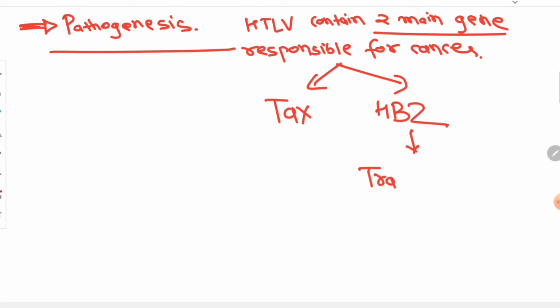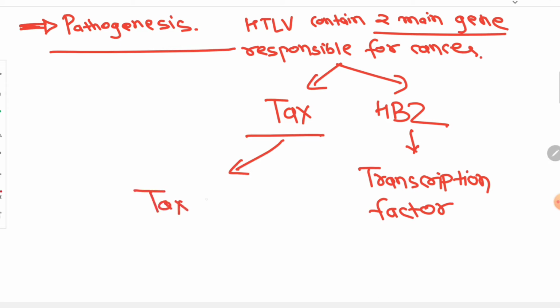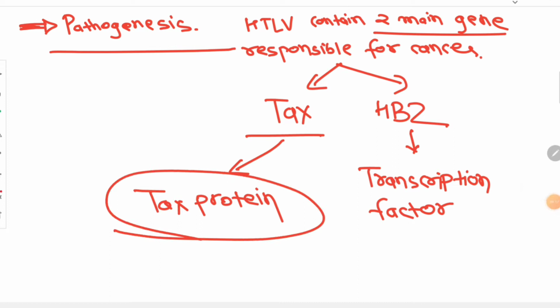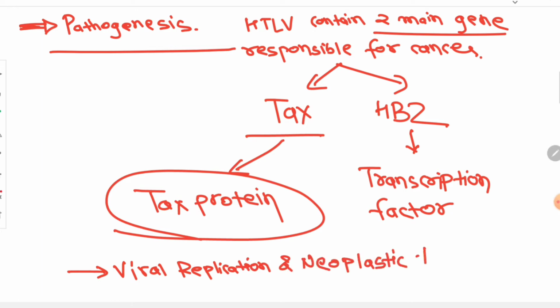The HBZ gene is a transcription factor for the virus, and the TAX gene leads to production of TAX protein, which leads to viral replication and neoplastic transformation of CD4 helper T lymphocytes.